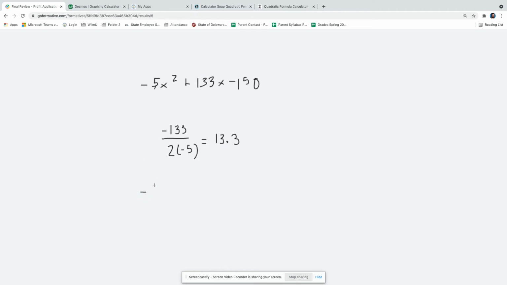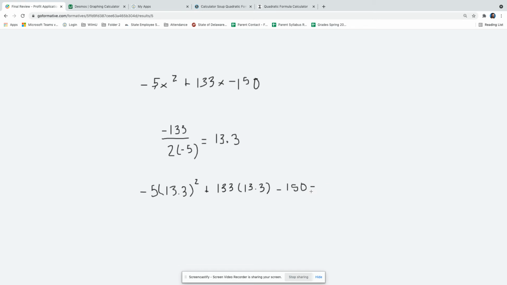So once you're there, you can go ahead and then plug in the 13.3 into your function. So I'm going to plug that in both spots for x. So plus 133 times 13.3. And then minus 150.